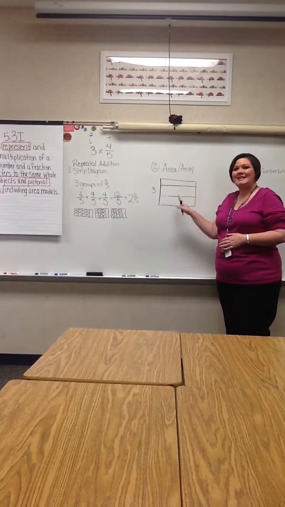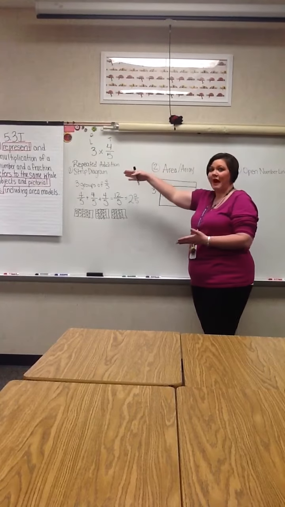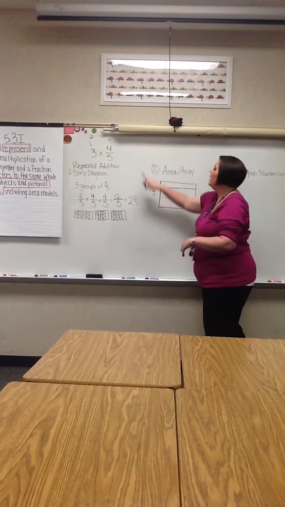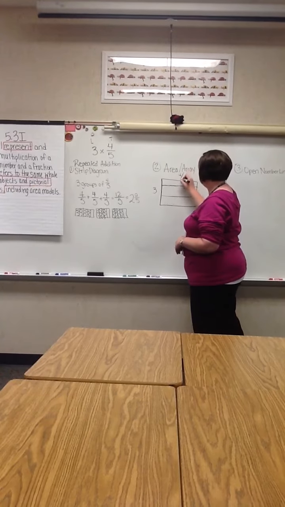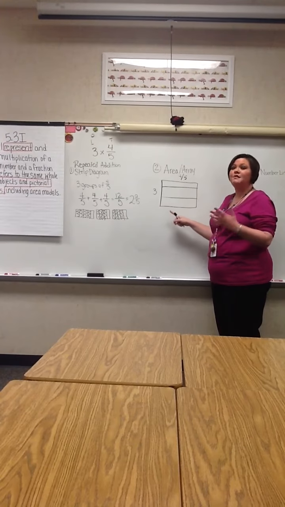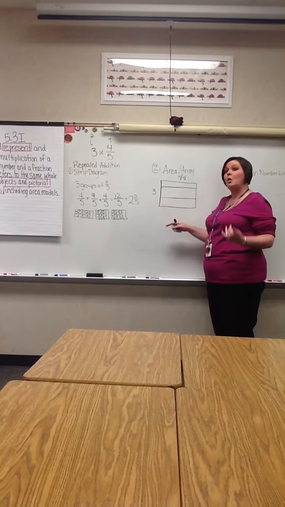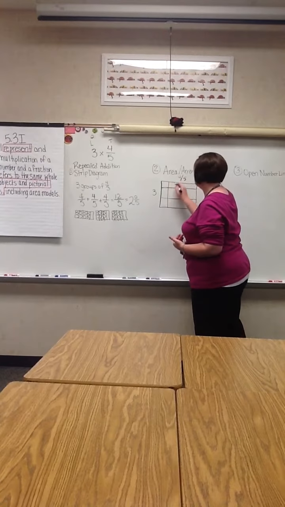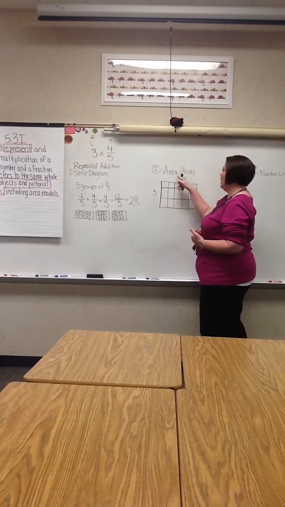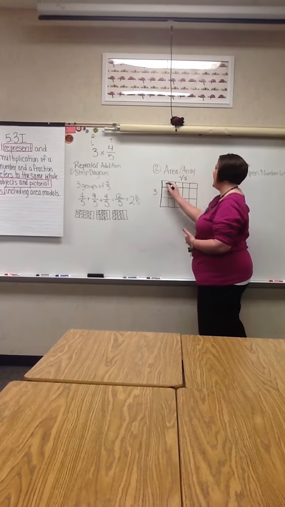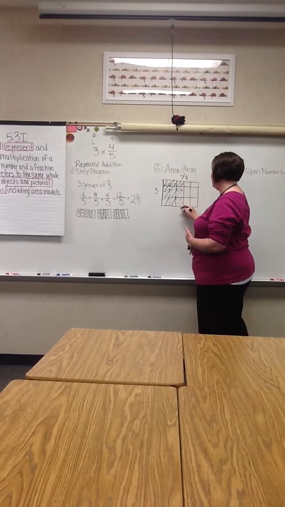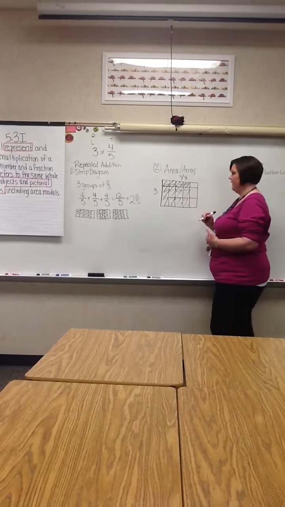Now I'm not shading anything yet, because I haven't touched the fraction. And we've been telling our kids, don't shade until you're messing with that fraction. The fraction goes on the top, so I'm going to label that 4/5, which means I now have to divide this into fifths and shade in 4 of them. 1, 2, 3, 4. And I'm going to shade down because this is on top. So that's 1/5, 2/5, 3/5, 4/5.